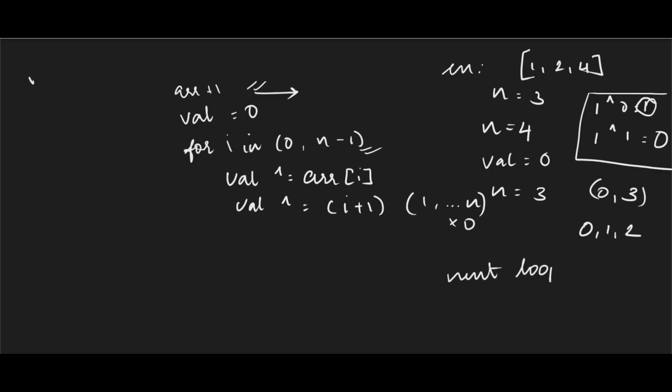The next iteration will be val XORing with the next index, which is 2. 0 XORed with any value will be that value, which is 2. Now the new value of val will be 2, which when XORed with 2 gives us 0. I'm sorry, it is 2.